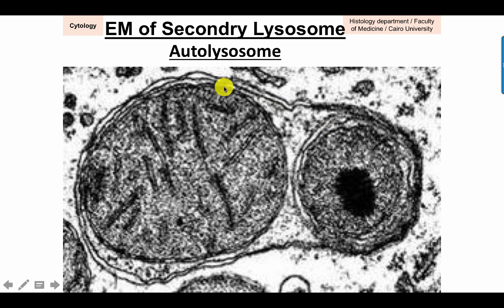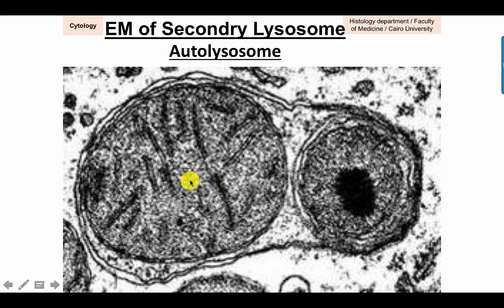Here we have an interesting picture for a third type of secondary lysosome, which is the autolysosome. When organelles like the mitochondria or rough endoplasmic reticulum become old and non-functioning, they are surrounded by membrane to form an autophagic vacuole. Why auto?